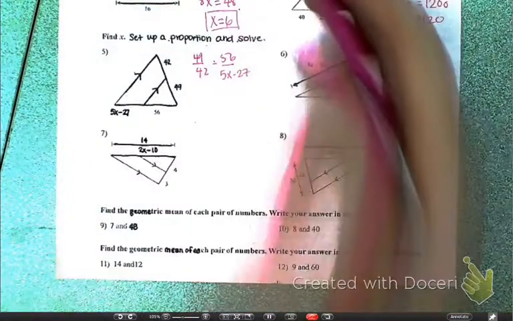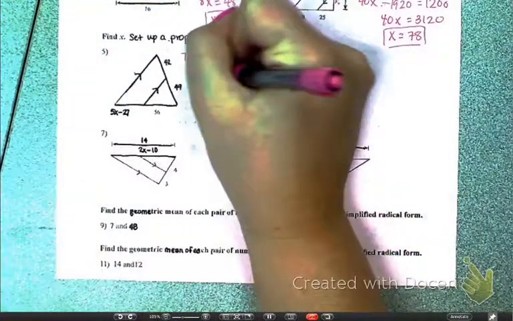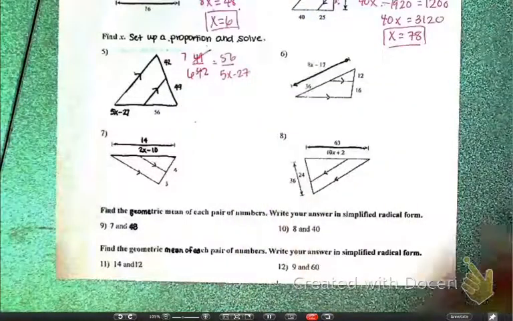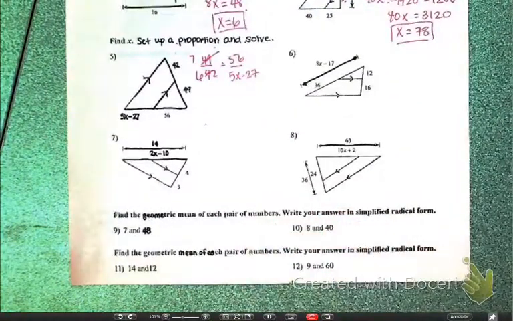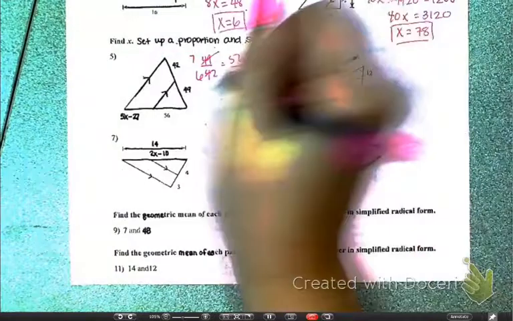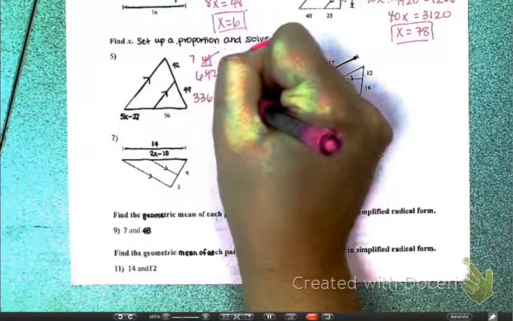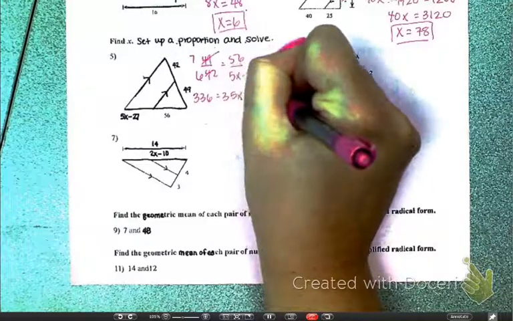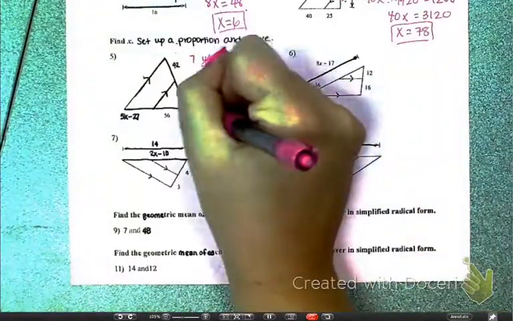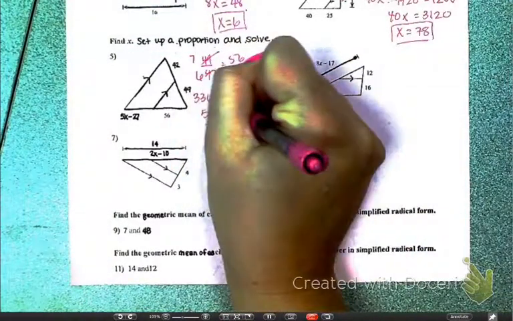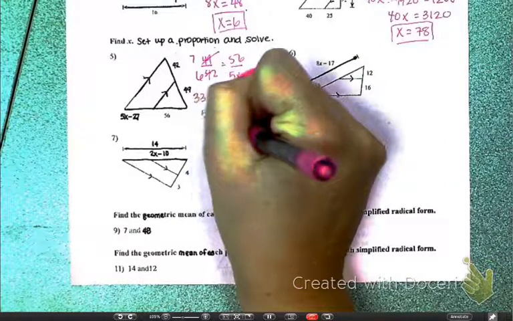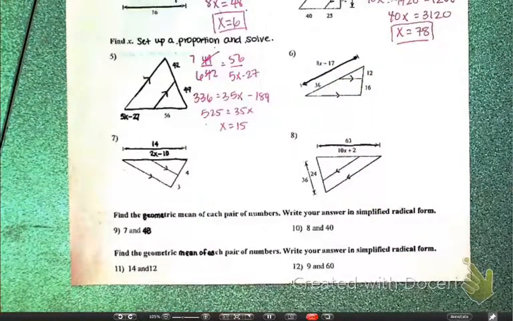I can reduce this real quick, so I'm going to reduce to 7 over 6 just to help me out a little bit. So 336 equals 35x minus 189. If you add 189, you get 525 equals 35x. x equals 15.